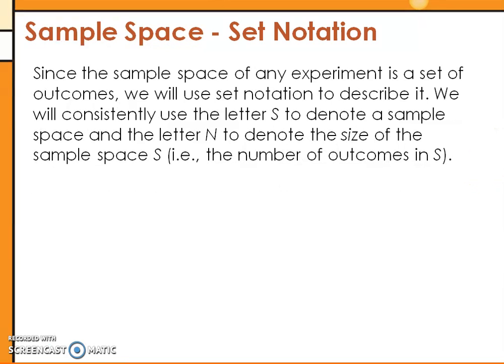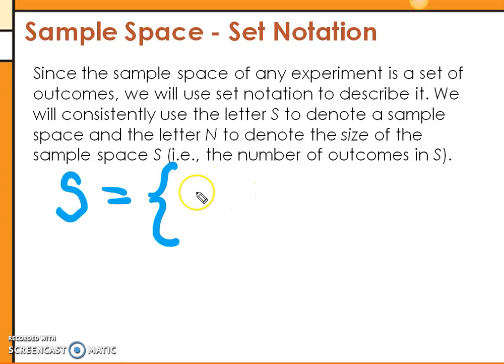Our notation is going to be S for how we list the sample space, and N for the size of the sample space, the number of things in the sample space. Let's think of a somewhat easy example. Let's say we flip a coin. We could get heads or tails. If I want to list all the things in the sample space, a lot of times we use bracket set notation just for making a list.